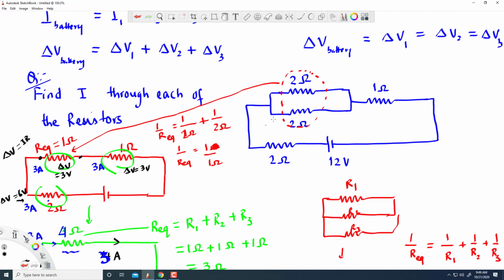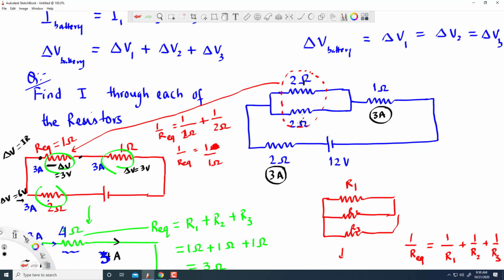So we got the current here. The current through this one is 3 amperes. That's the answer. We got the current through this one. This is 3 amperes also. Now we need to find the current through each of these ones. This resistor is the combination of these two in parallel.